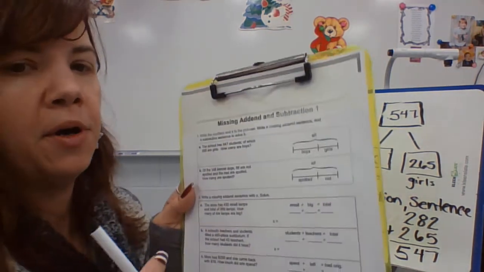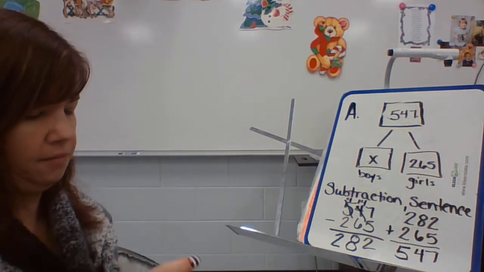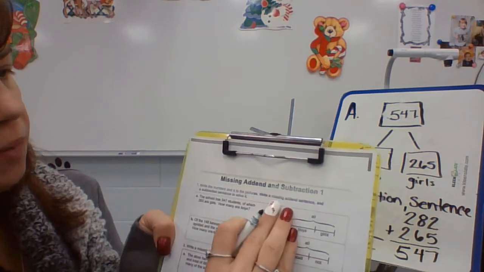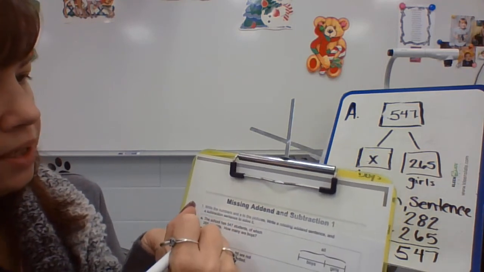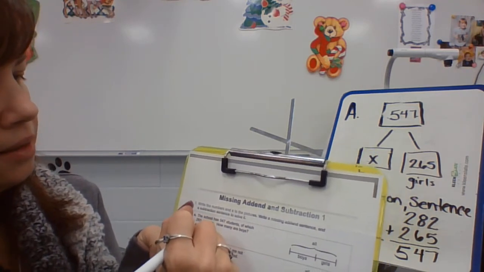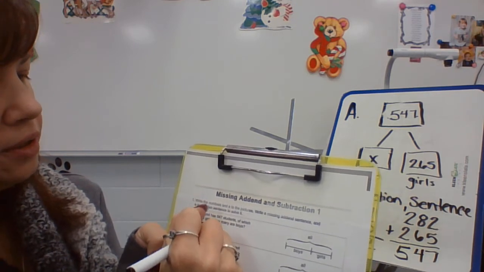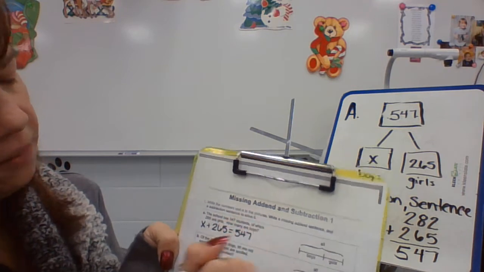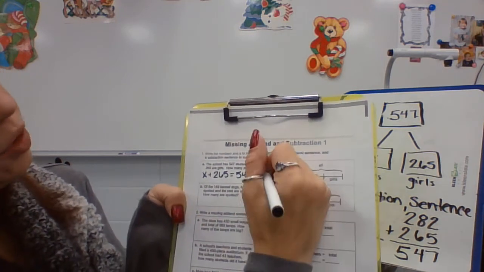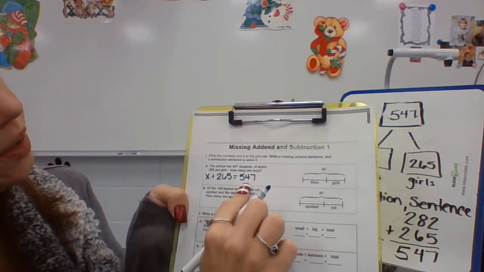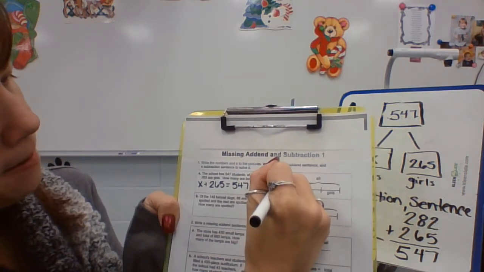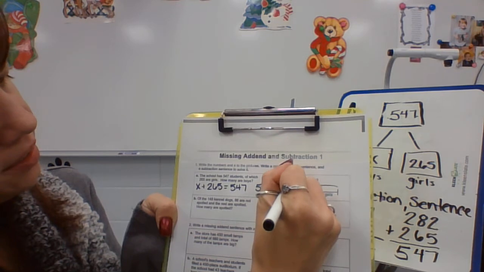So on your paper, how we're going to translate that, we had to write the missing addend sentence, which was x plus 265 equals 547. The subtraction sentence, all we're doing is switching this around. 547 minus 265.